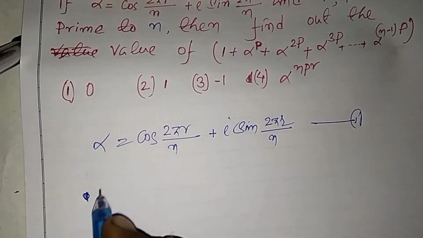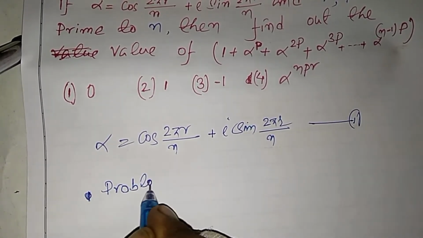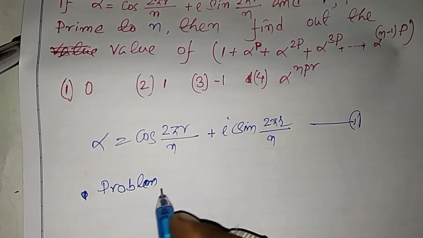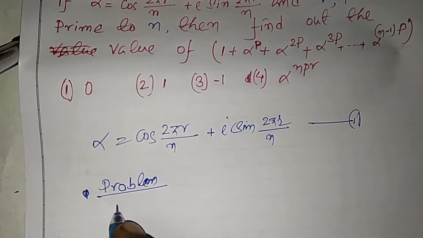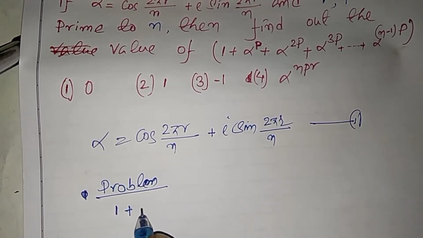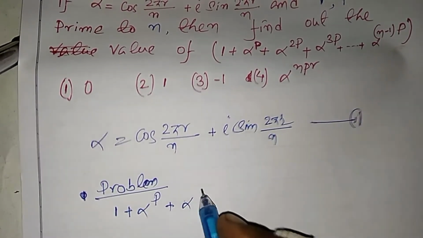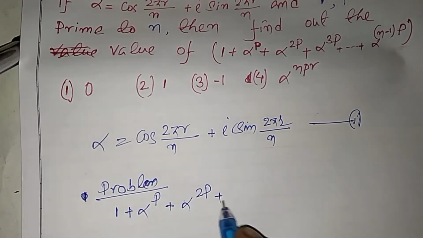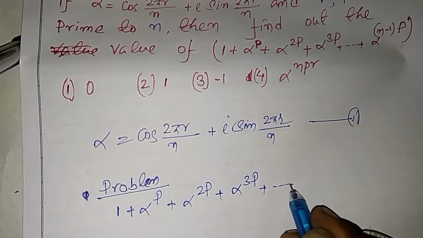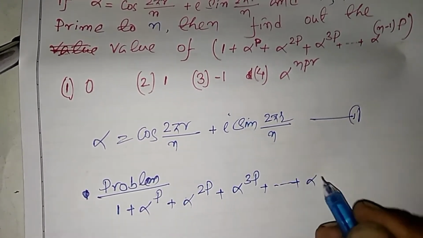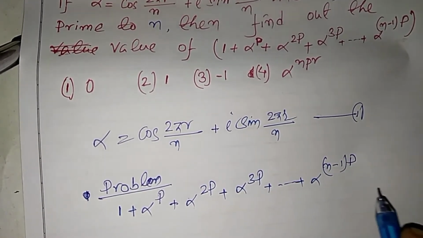1 plus alpha to the power p plus alpha to the power 2p plus alpha to the power 3p plus ... plus alpha to the power (n minus 1) into p.